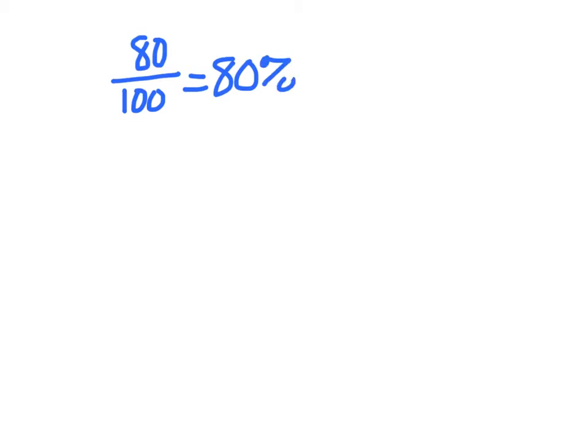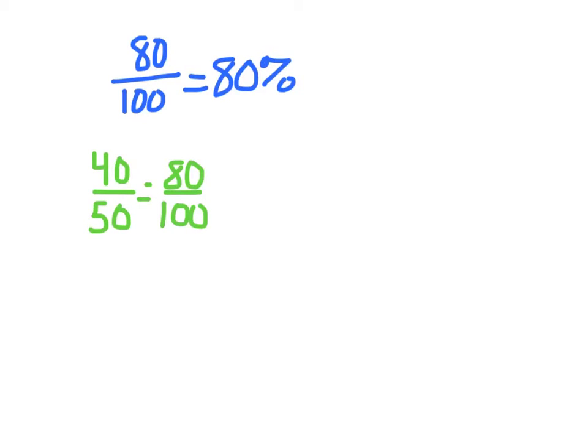For example, we know that 80 over 100 is 80% because percent means out of 100. A lot of times when you take tests and quizzes, you might get a grade like 40 out of 50. And this is equivalent to 80 out of 100, or 80%.